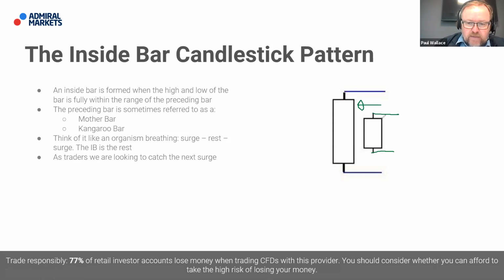When I talk about inside bars, I'm including the highs and the lows, which includes the wicks. Sometimes people don't, but really for an inside bar, the entire range of that candlestick should be within the range of the preceding bar. And as I said, sometimes the bar before can be called the mother bar. Sometimes it'll be called a kangaroo bar because there's like a kangaroo carrying a baby within its pouch.